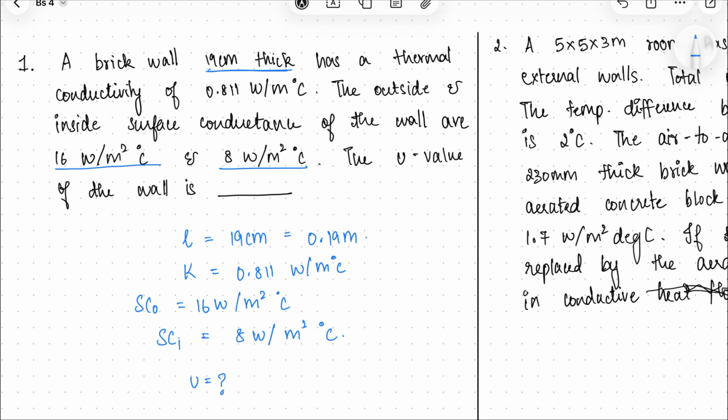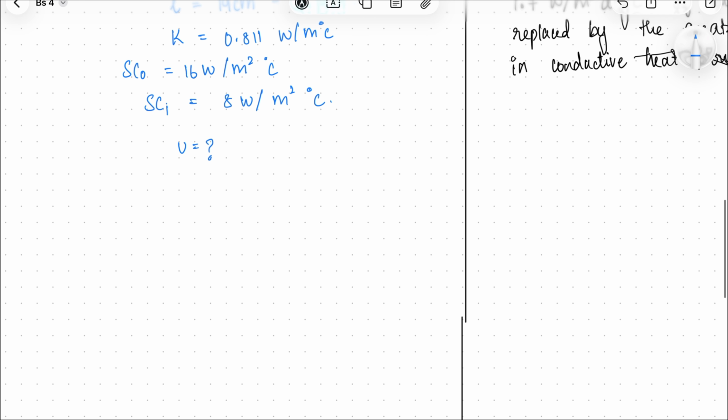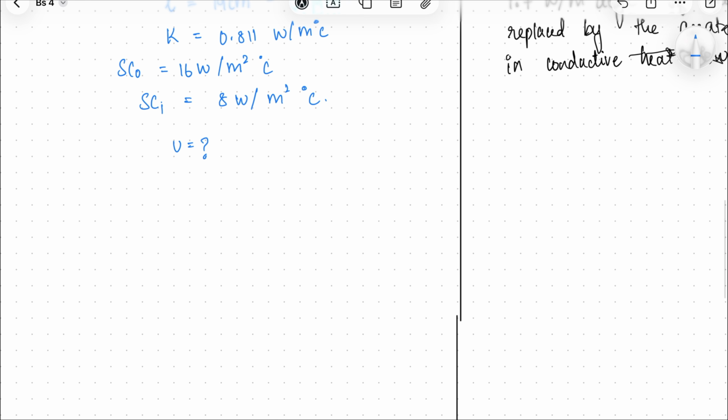Now, what is the formula that we know? U value is not additive in nature, so we have to add the resistances separately. So 1 by U is equal to 1 by surface conductance of the outer surface plus 1 by U1 of the first layer plus so on, and lastly 1 by surface conductance of the inner surface.